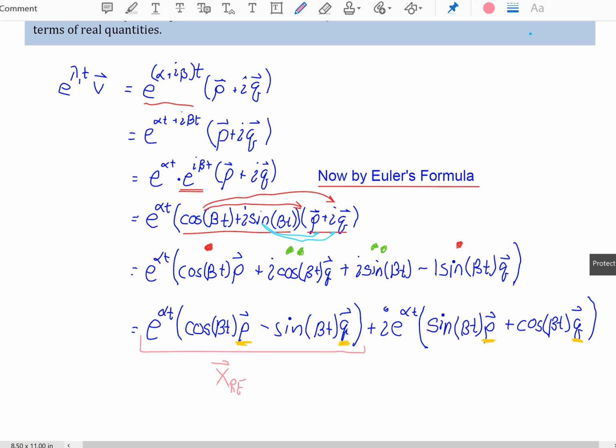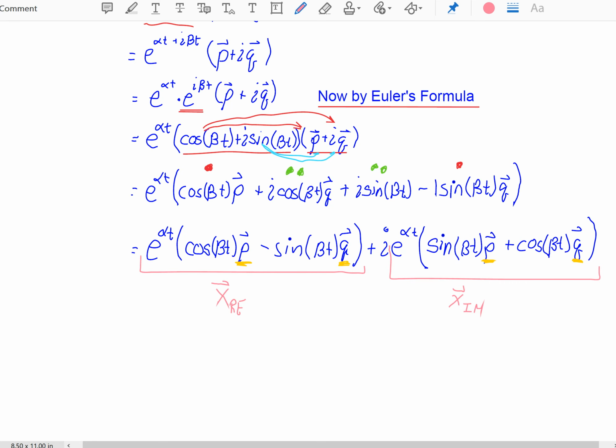And not including the i, this is referred to as the imaginary portion. And as we showed previously in an earlier chapter, the real portion of a solution and the imaginary portion of a solution are each individual solutions to our differential equation. And since this real portion of the solution and that imaginary portion of the solution are solutions, we can write our general solution as a linear combination of these.